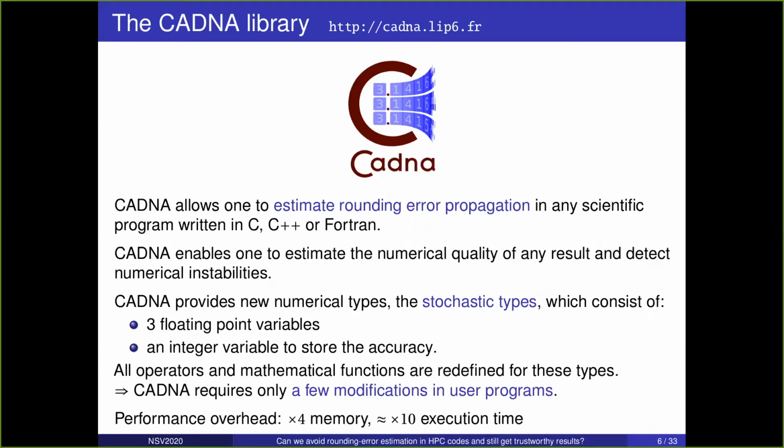And of course, CADNA has a cost. The cost in memory is 4, and the cost in execution time is about 10. But of course, it depends on the instability detection level. It depends on the fact that the initial code may be very well optimized for classic floating point arithmetic.